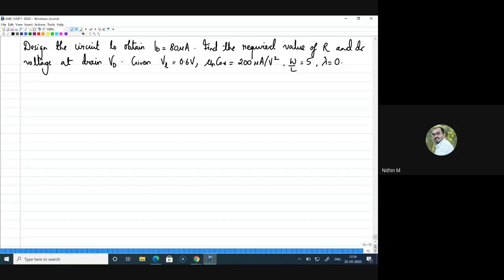And the circuit is connected to a 3-volt supply. This is R and this is the voltage VD. Right, so this is the question.